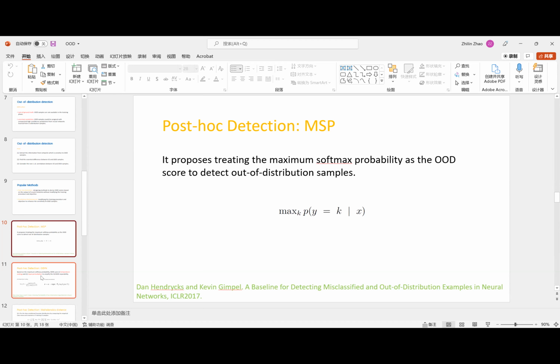Of course, this algorithm assumes that your network will provide high confidence predictions for in-distribution samples and low confidence predictions for the out-of-distribution samples.